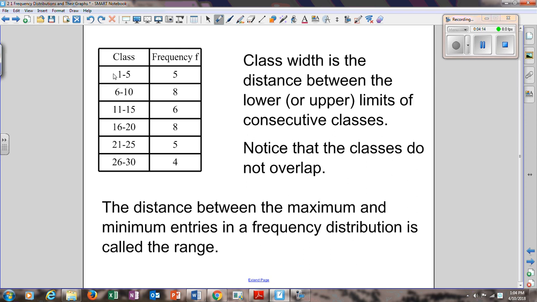Whereas if I was asked to find class width, it would be the distance between 1 and 5, 6 and 10, 11 and 15. I realize I'm going kind of fast. You'll need to pause this video so that you can write all this down. So you'll have to pause it a bunch of times.